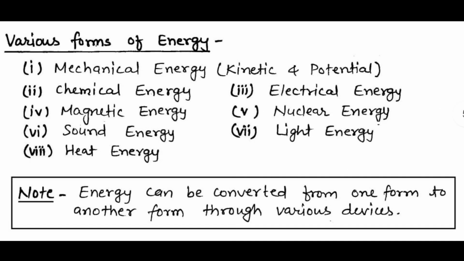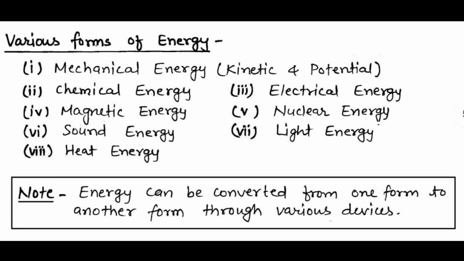There are various forms of energy. Mechanical energy means when some work is going on, either as a stored form or when the object is moving. It is of two types, or it is the sum of kinetic energy and potential energy. Other forms are chemical energy, magnetic energy, electrical energy, nuclear energy, then sound energy, light energy, and heat energy.